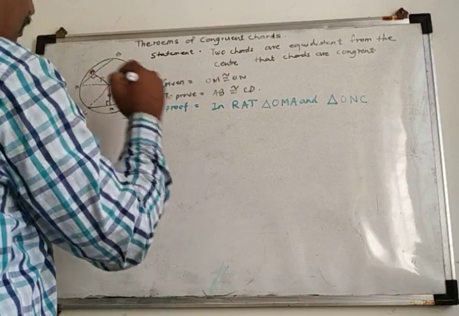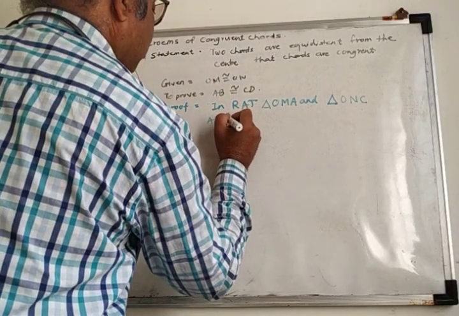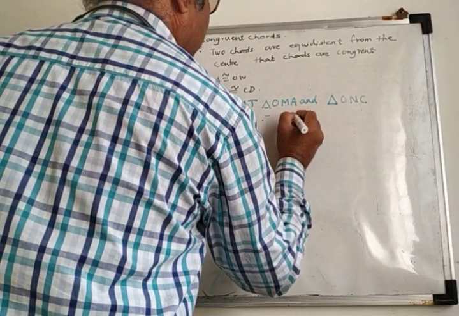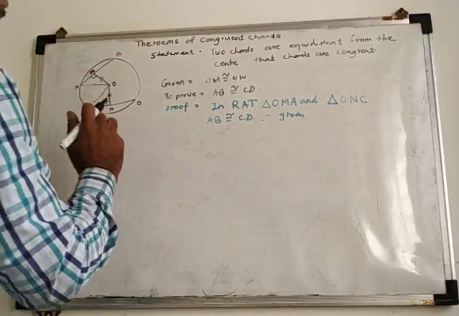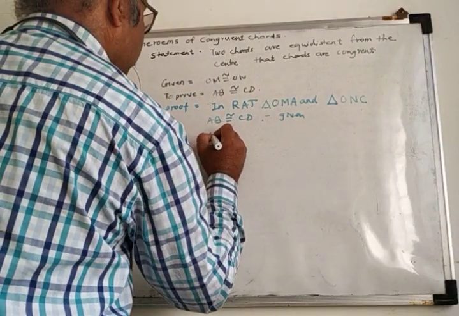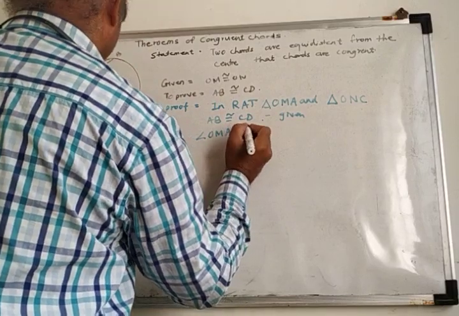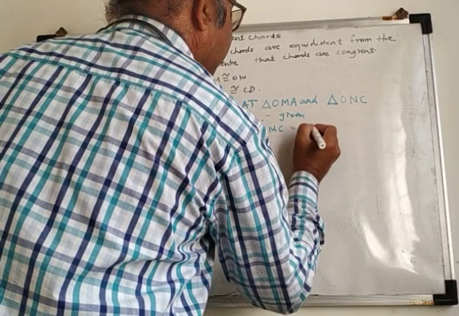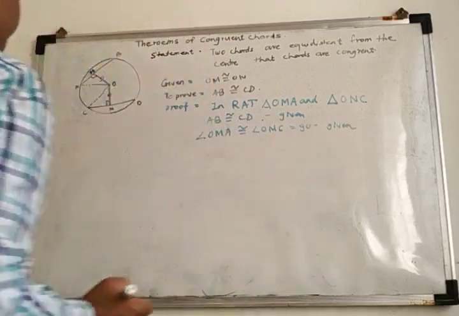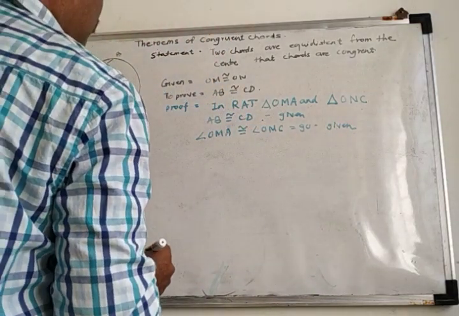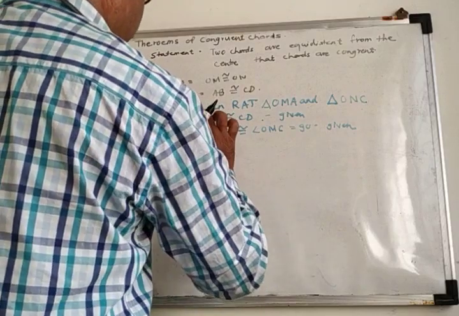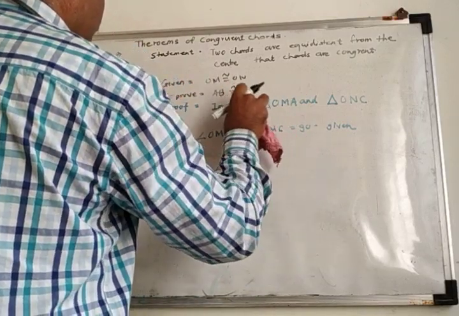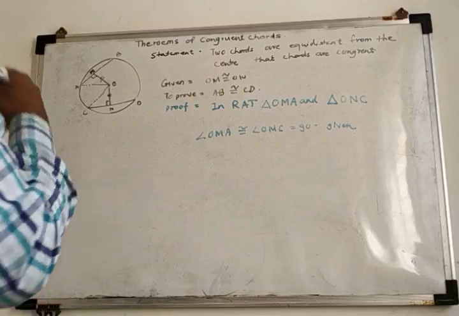It is given. Then in this step, AB congruent to CD is not given, but it is to be proved.